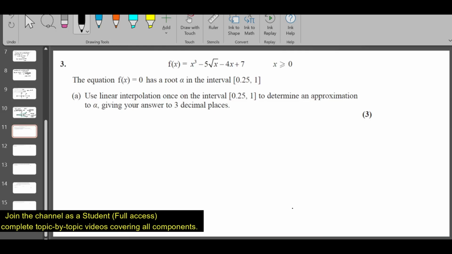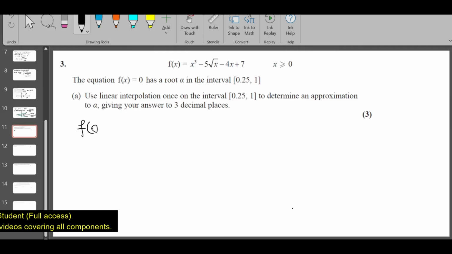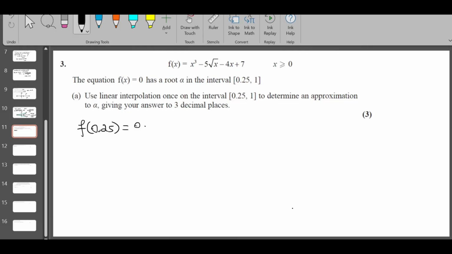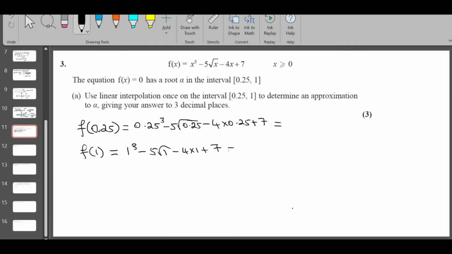First thing first, you need to find f of 0.25, which is 0.25 cubed minus 5 square root of 0.25, minus 4 times 0.25 plus 7, get this value. And find f of 1, which is 1 cubed minus 5 root of 1 minus 4 times 1 plus 7, get this value also. That's what we are going to do first.